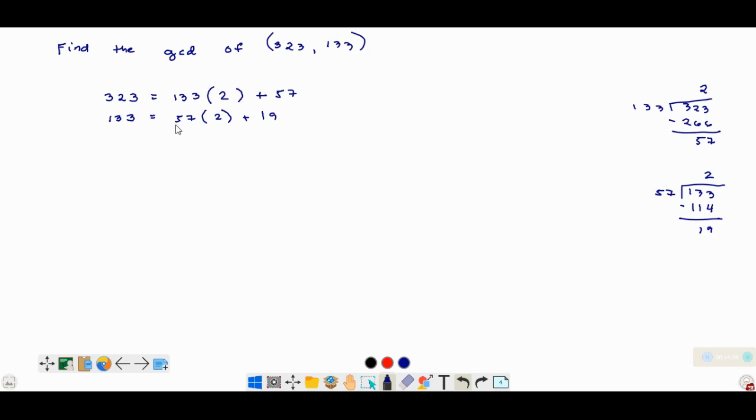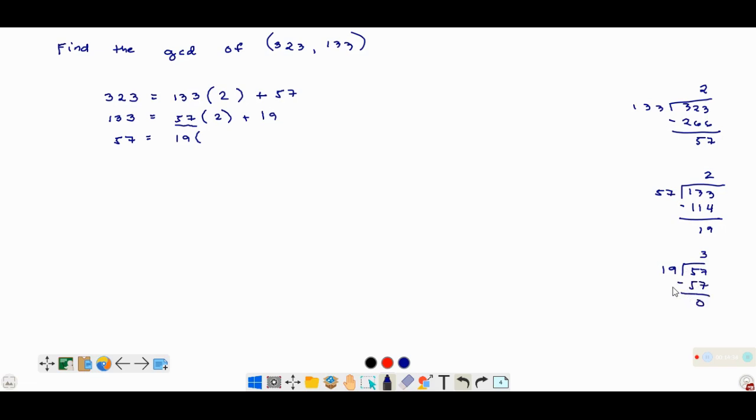Now, let's take our new number here, the remainder from the first outline. We have 57 multiplied by the product of the remainder and their quotient. So 57 divided by 19. Let's write it here. 57 divided by 19 is 3. 3 times 19 is 57.